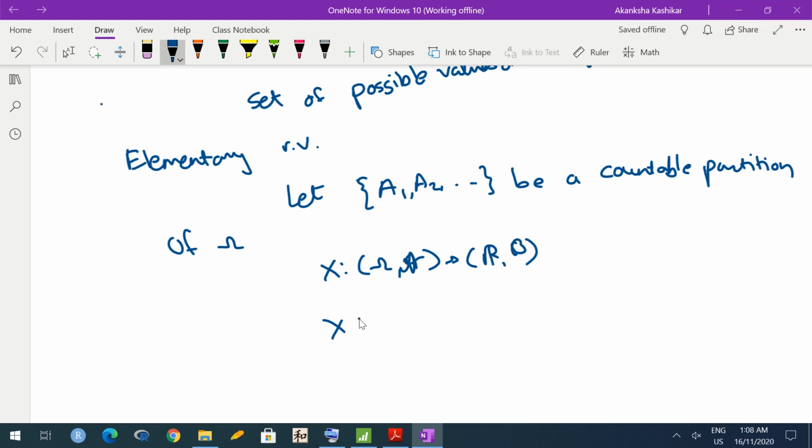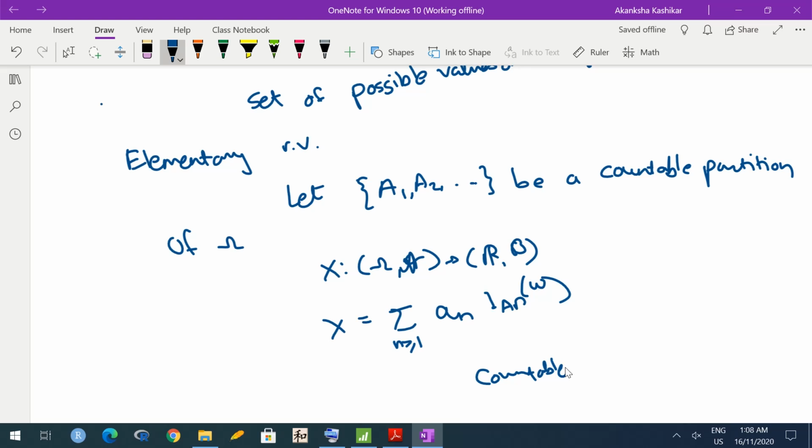So we define X as the sum over n greater than or equal to 1, now my sum is countably infinite, it's not finite, of a_n times the indicator of A_n. Again, on each set in the partition it takes one value, and the set of possible values is countable.